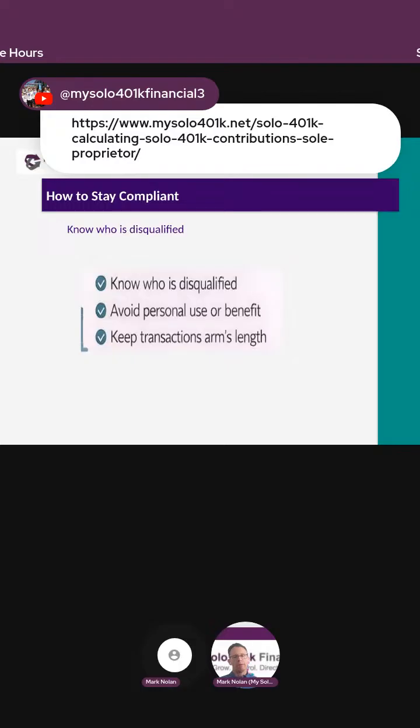By understanding who is disqualified, you're going to be able to avoid self-dealing, and you also want to make sure you stay clear of collectibles. And you also want to keep all transactions at arm's length.